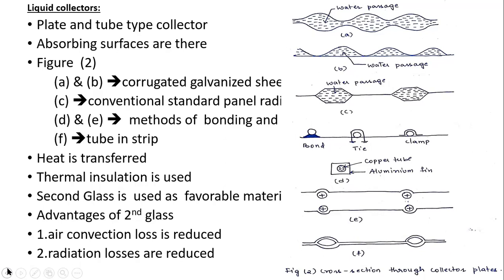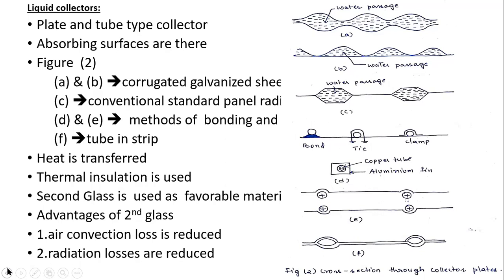Generally we coat the absorbers with black paint, because black paint absorbs well and is cheap. The cost is economical. The coatings applied on the absorber plates are called selective coatings. This reduces the amount of energy emitted as thermal infrared radiation.